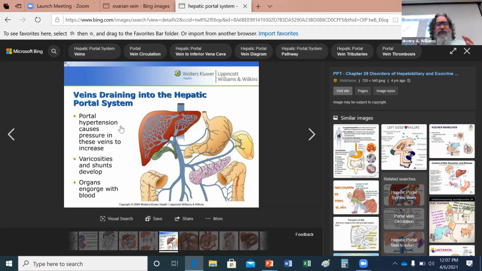Remember, portal systems are blood vessels between different capillaries. See, this is the hepatic capillary, one big capillary bed here, but then all these other organs kind of serve as like one big giant capillary bed associated with your digestive system.